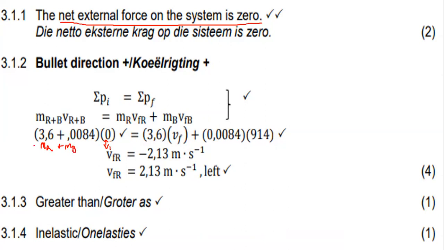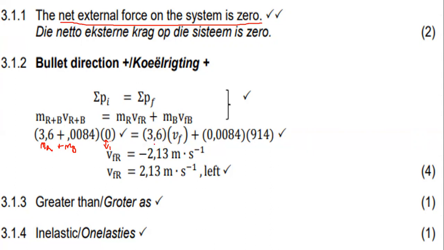Then it's equal to, after the collision, the mass of the rifle and the final velocity of the rifle, plus the mass of the bullet and the final velocity of the bullet.